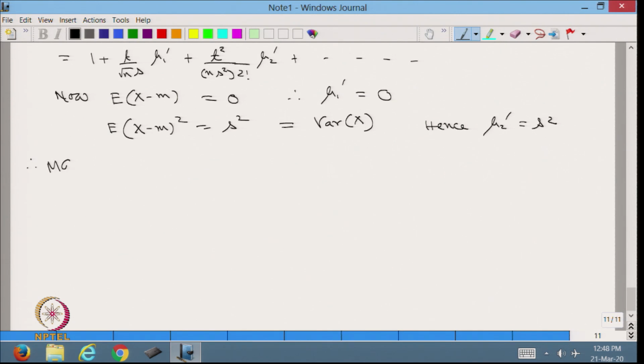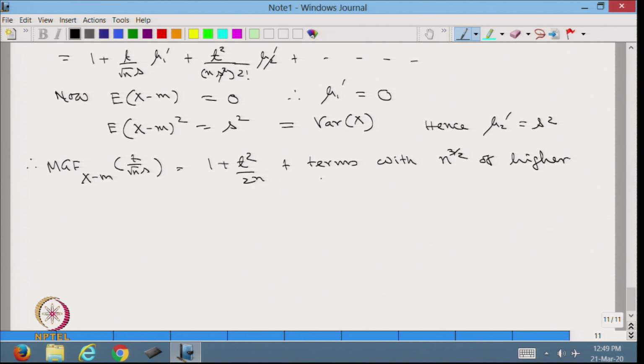Therefore, the MGF of X minus m at t upon root n s is equal to 1 plus t square by 2n, as this s square cancels with the mu 2 prime, plus terms with n to the power 3 by 2 or higher powers of n in the denominator.